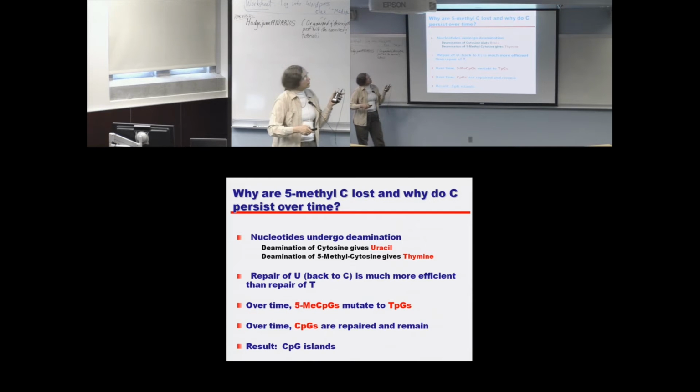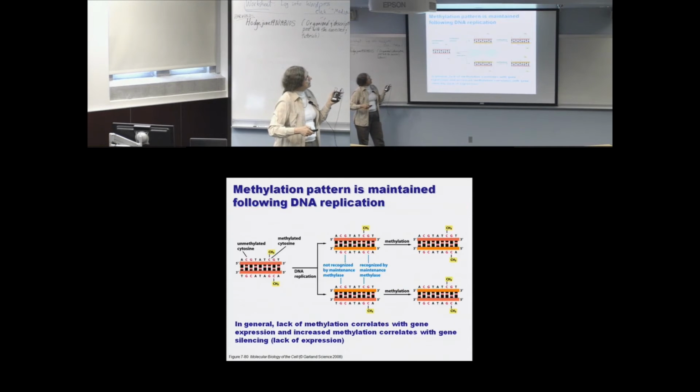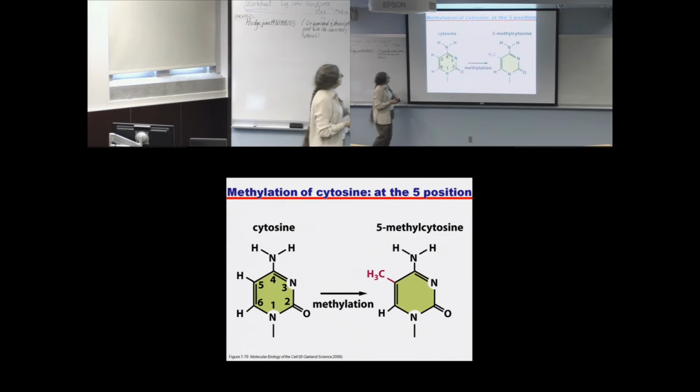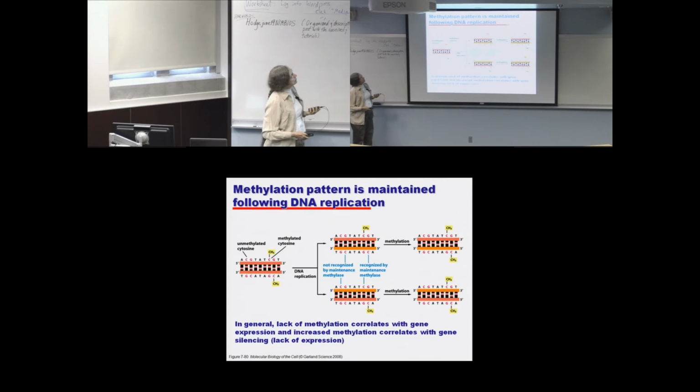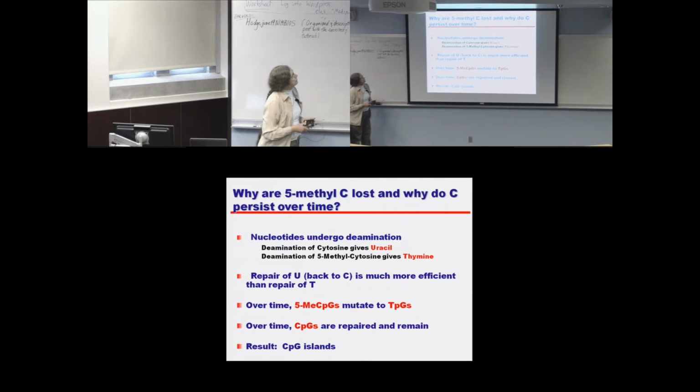Let's go back real quick and notice that this C has an amino group. An error, it's not a mistake, it's a mutation caused by spontaneous chemical reaction, removes that amino group. But if you take the amino group off of an ordinary unmethylated cytosine, you get uracil.